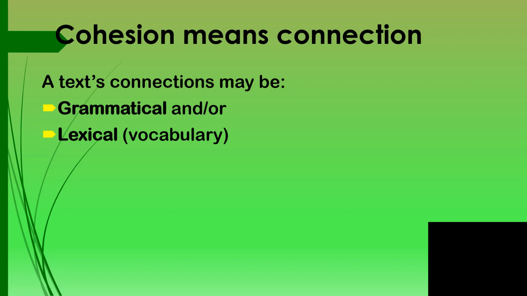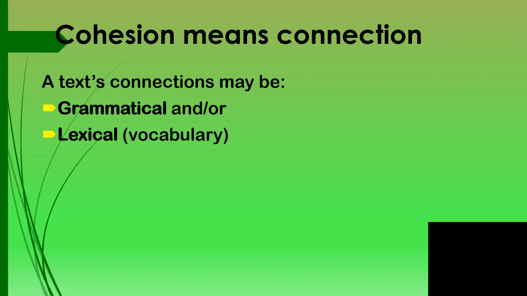In another clip that I hope to be posting next week, we'll be discussing lexical cohesive devices. Lexical cohesive devices use vocabulary, specific choices of words to create connections. So for instance, if you repeat a word that you repeated before, then you're making a very obvious connection.